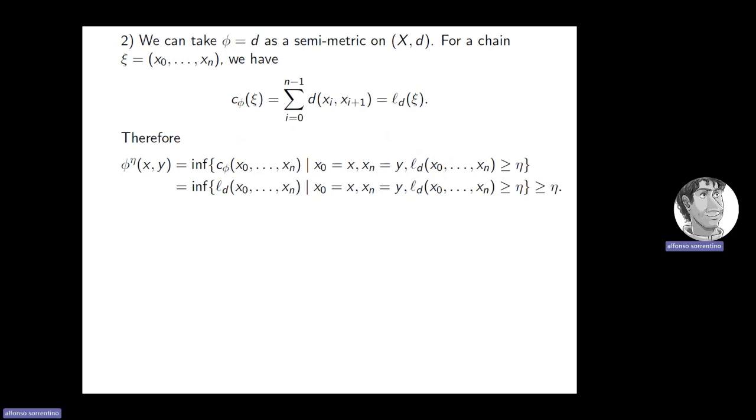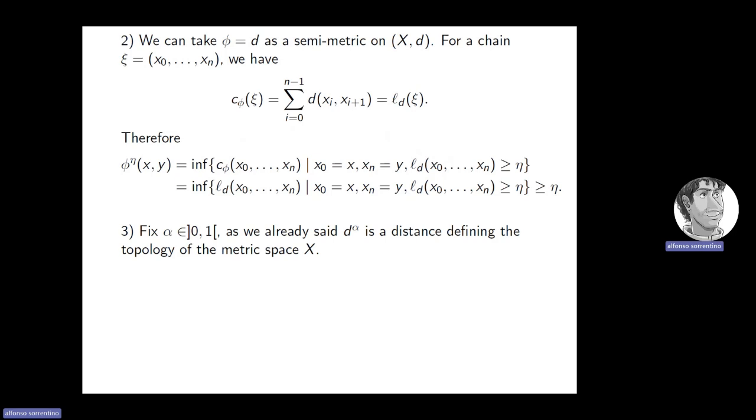And I don't know if it is eta; I mean, you should really think of a finite set. The sum of the lengths can take only some values, since not all values are taken as sums of the distances. Now, if I fix alpha, as I said, d to the power alpha is a distance defining the topology of the metric space.